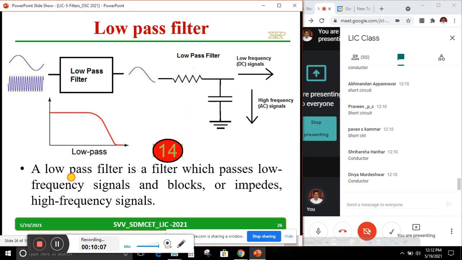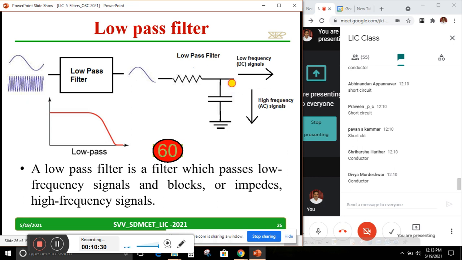A low pass filter is a filter which passes a low frequency signal and blocks or impedes high frequency signals. All the images I am using because I believe a picture tells 1,000 words, instead of orally explaining all these things.